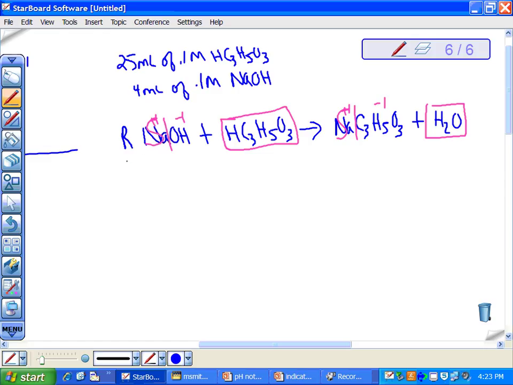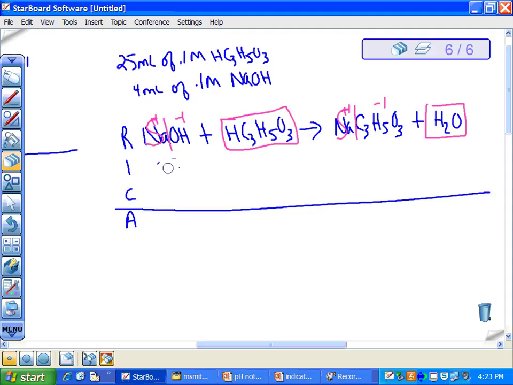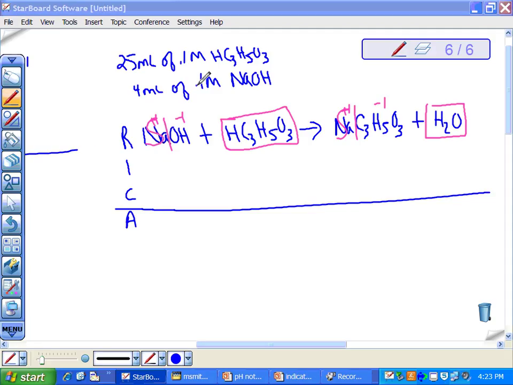Alright, this is an acid-base reaction, so we're going to do a RICE. Alright, so now we're going to go moles. And this will be 0.0025 moles. Nope, put the wrong one. So sorry. My base here is 0.0004.